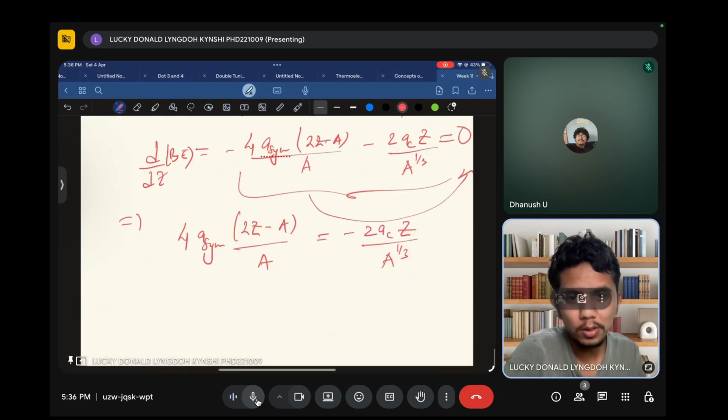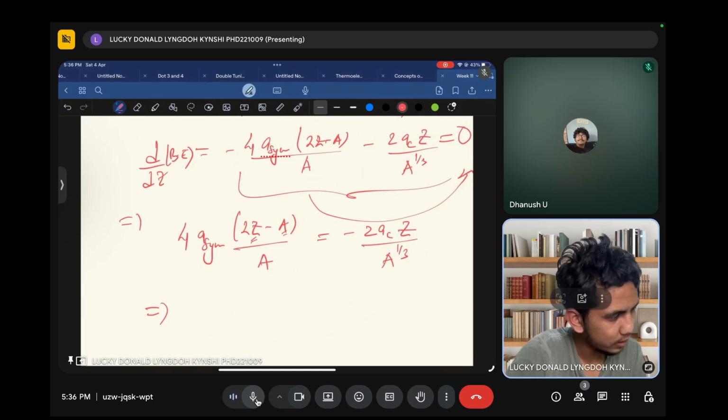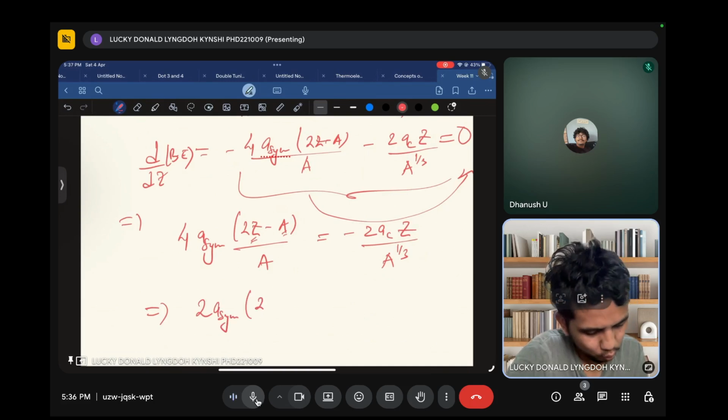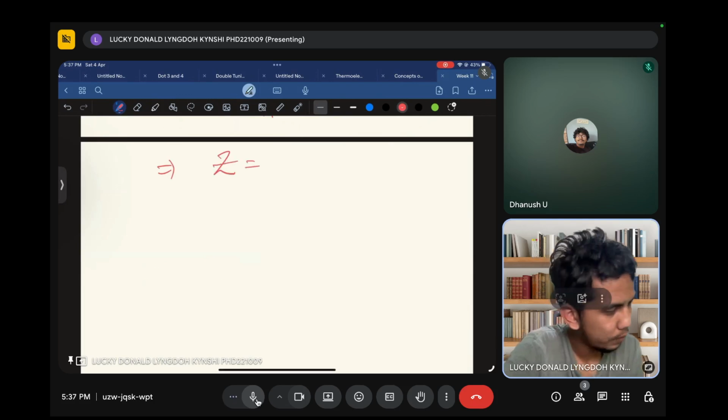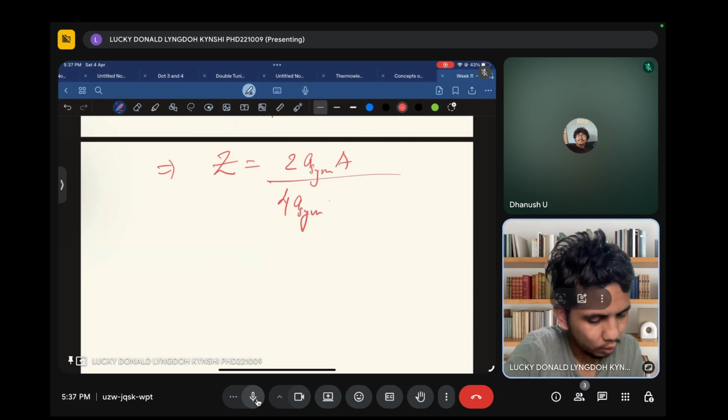Now it's very easy, because there's only a term in Z and A. You can rearrange this equation in terms of Z. You get Z equal to twice a asymmetry A divided by 4 a asymmetry plus a c A to the power 2 by 3.